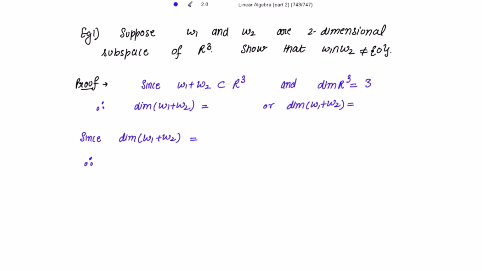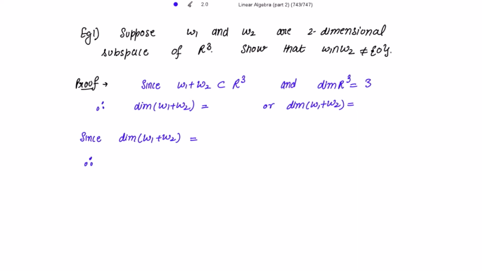See, if it is given to us that the subspaces are distinct, having the dimension say n, then we must take the dimension of their sum to be strictly greater than n, right? But here it's not given to us that these subspaces are distinct.